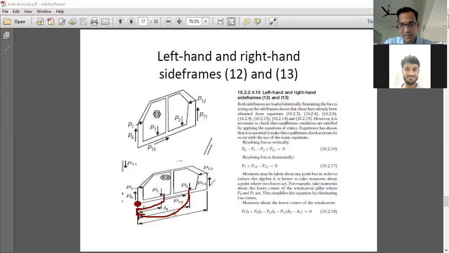As I am referring to P11, then P11 multiplied by L5, and then we'll have P12, which is going to be multiplied by, if the component's total height is considered to be H2, then it will be H2 minus H1, which is equal to 0. So this is the criteria we refer to for observing the condition of moments in a particular zone.